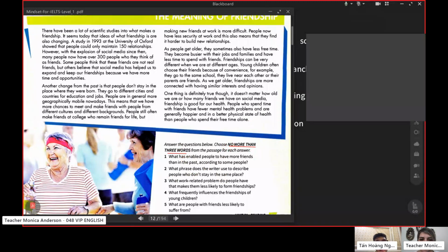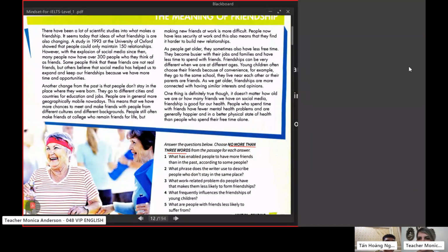What has enabled people to have more friends than in the past, according to some people? Do I need to find the anchor word? Okay, of course, you need to find keywords and anchor words.